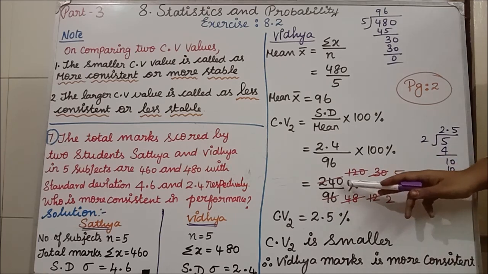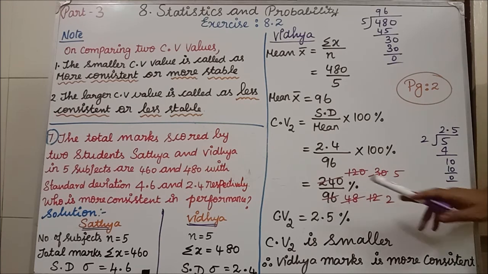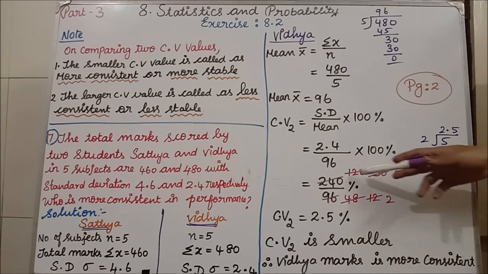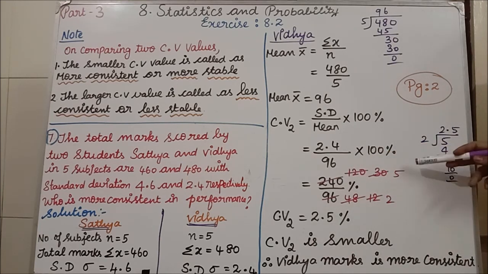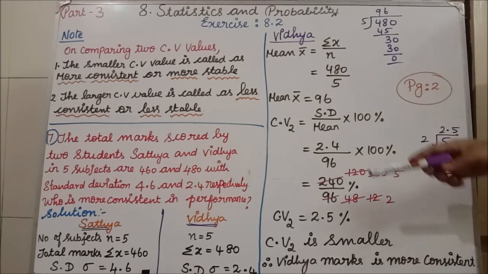We will get 240 divided by 96. This percentage you have to write. After cancelling, I am getting numerator 5 and denominator 2. You all know if you divide 5 by 2, it is 2.5. Anyhow, I have divided and shown. So the answer is 2.5 percentage. CV2 answer is 2.5 percentage.